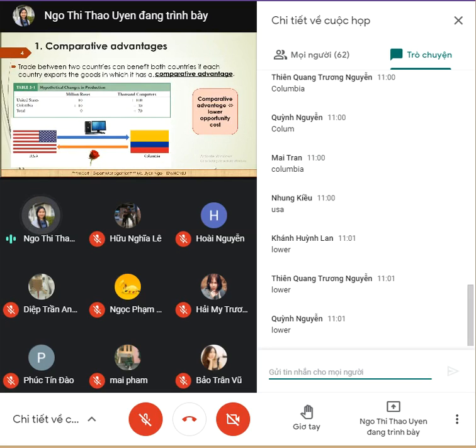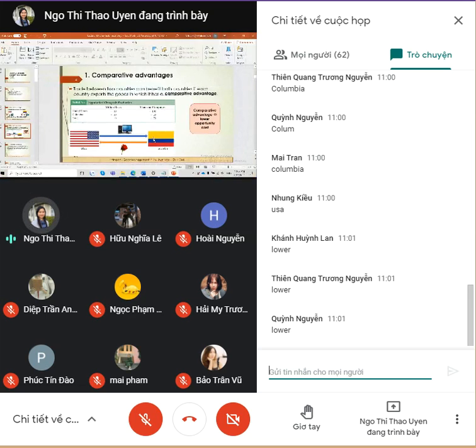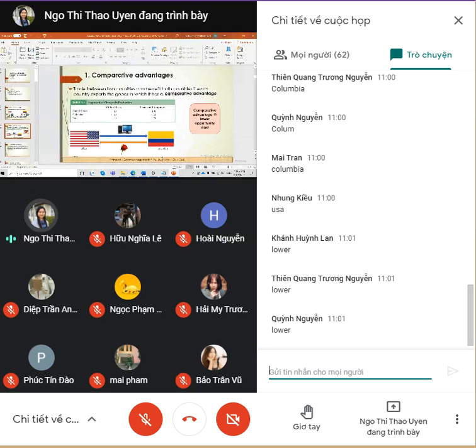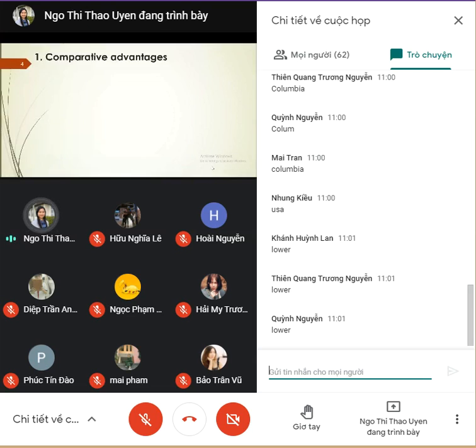So here in this case, Colombia has lower opportunity cost in producing roses, and the US has lower opportunity cost in producing computers. That's why trade in this case will benefit both countries.